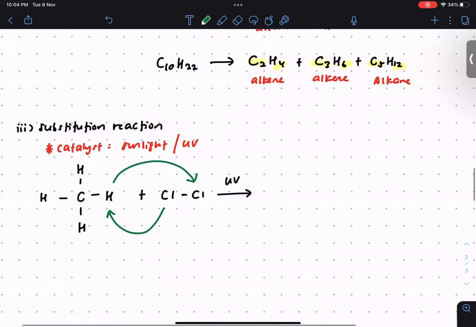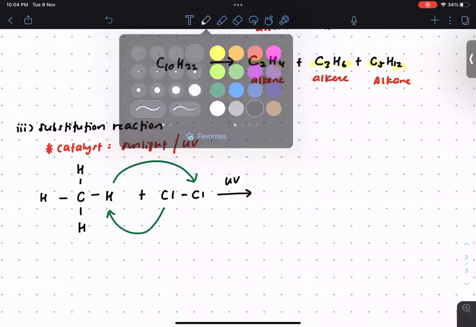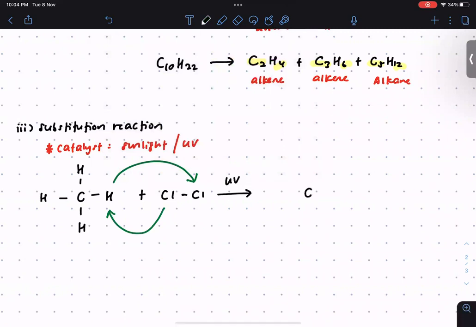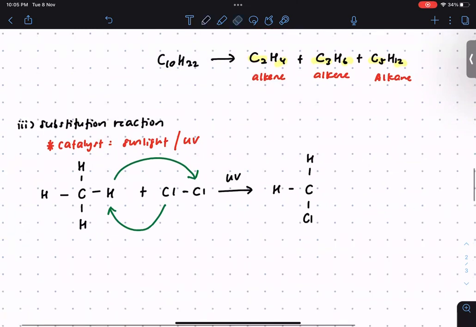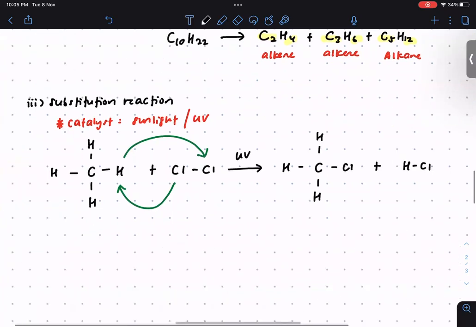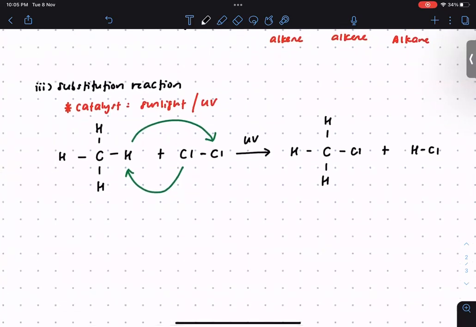So chlorine substitutes hydrogen out, and subsequently you will have chloromethane plus hydrogen chloride.